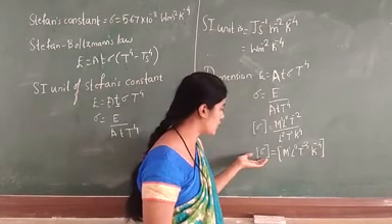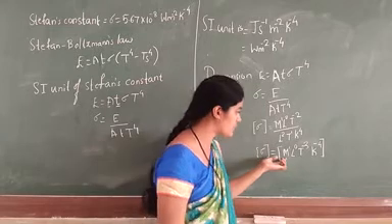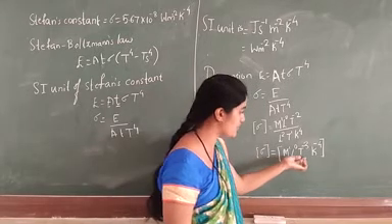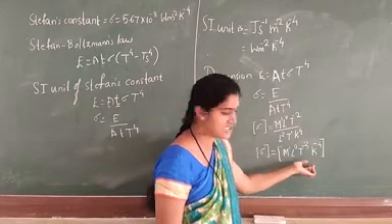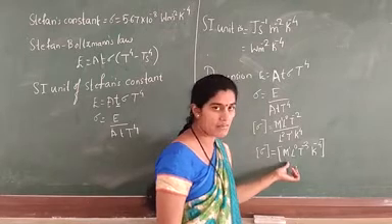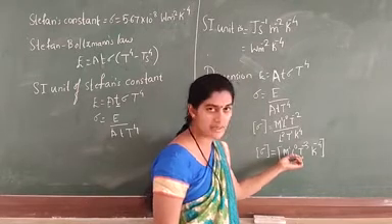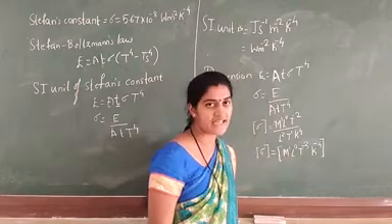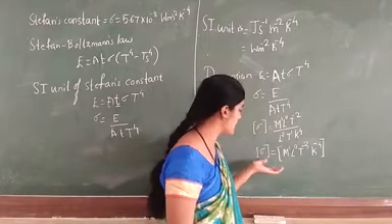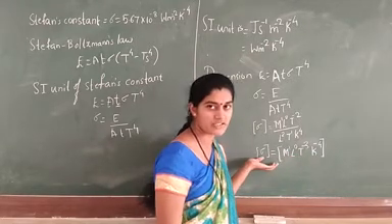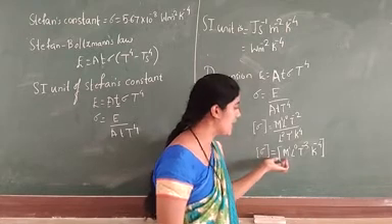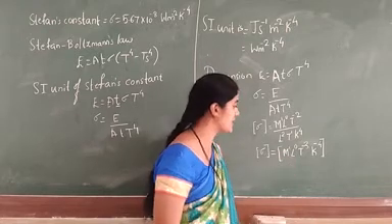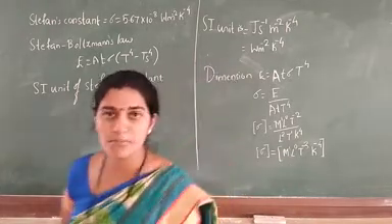Therefore, the Stefan's law constant is equal to m raised to 1, l raised to 0, t raised to minus 3, k raised to minus 4, where m is mass, l is length, t means time, and k means Kelvin.